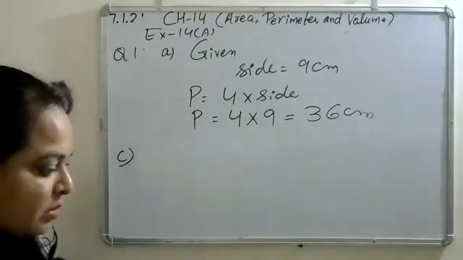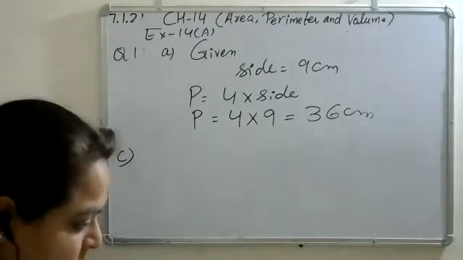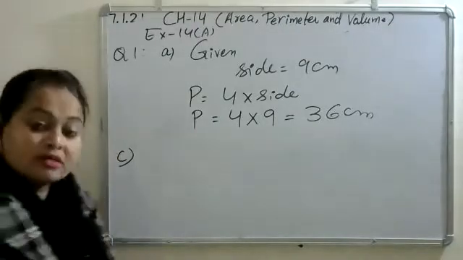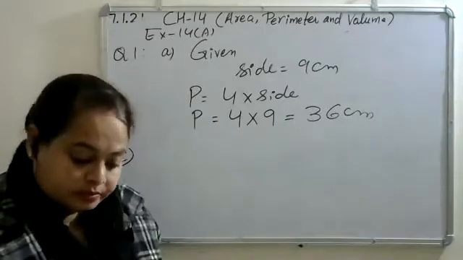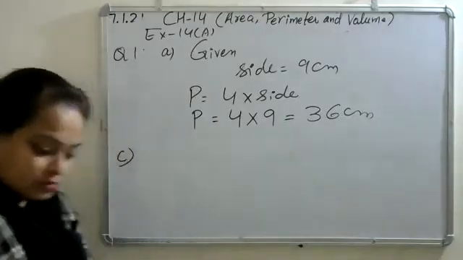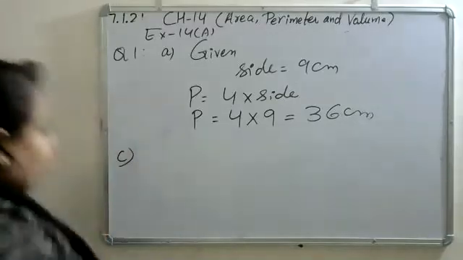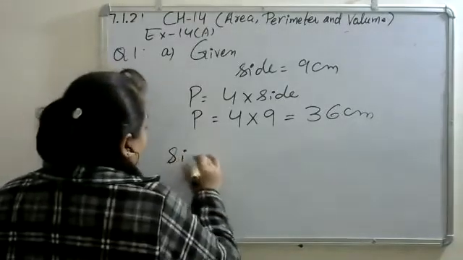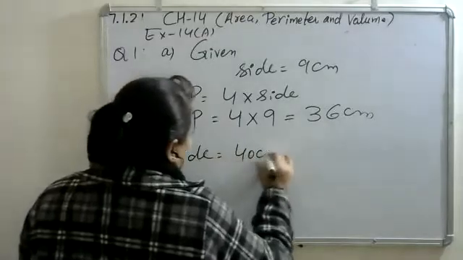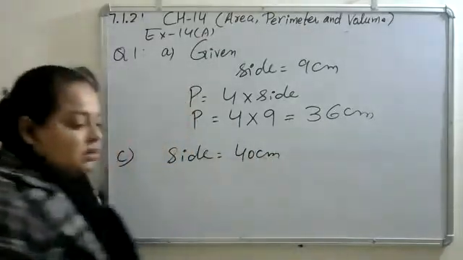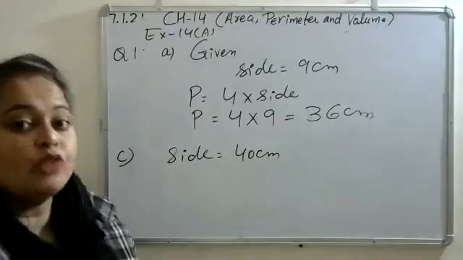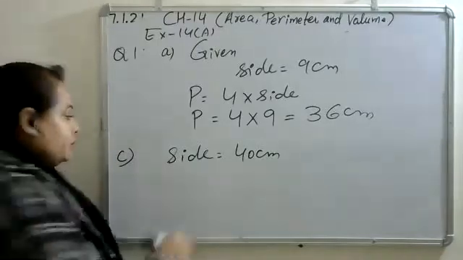Tell me how can we solve C part? 40 centimeter side. What is given? Side is equal to 40 centimeter. Now tell me the formula that you will use to find perimeter.